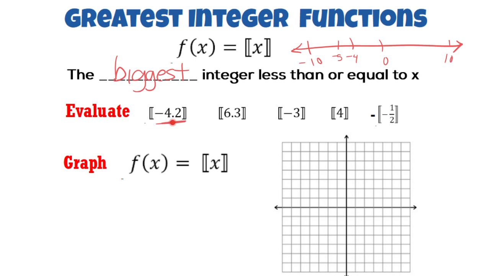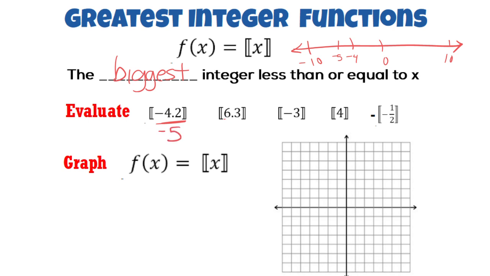It feels weird because you're in the negative range, but really, the biggest integer I could pick that's not bigger than -4.2 would be this -5. I don't want to pick -10. That's too far away. I want to pick the closest one, but it's got to be less than or equal to the number they give me. So it's got to be a -5 in this example.